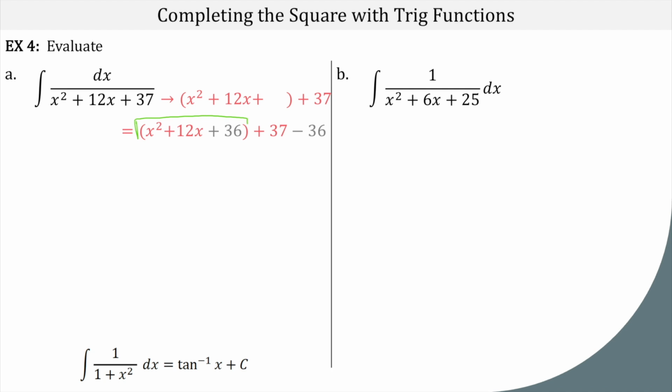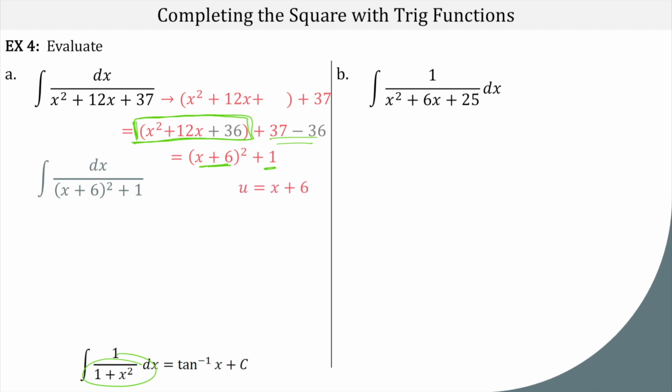This right here is a perfect square. And then 37 minus 36 is just 1. So factoring this into a perfect square, we get x plus 6 squared plus 1. And now there we have something squared plus 1, and that works into our tan inverse formula.